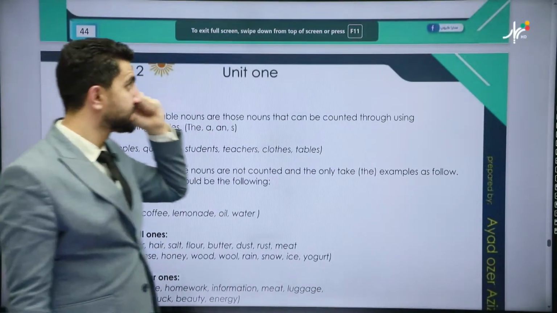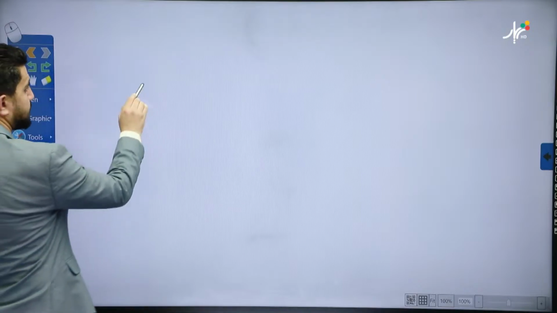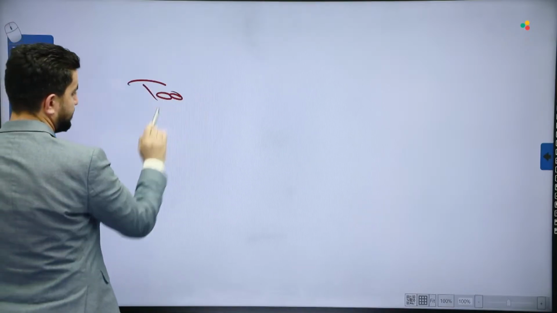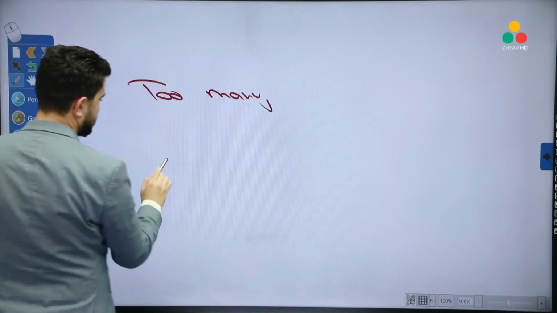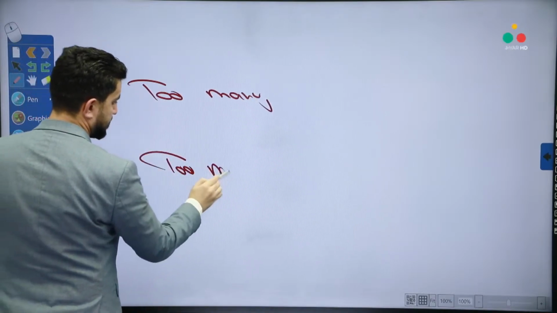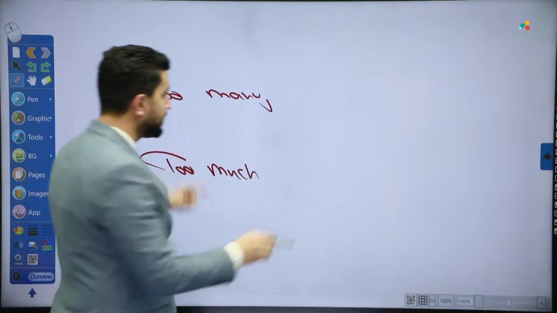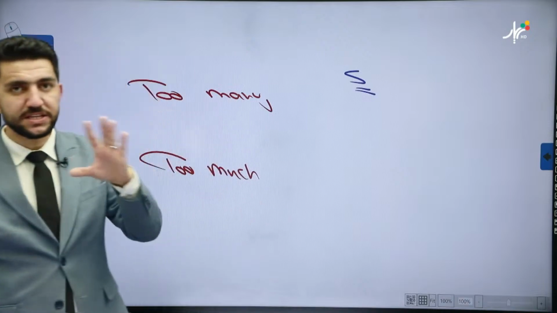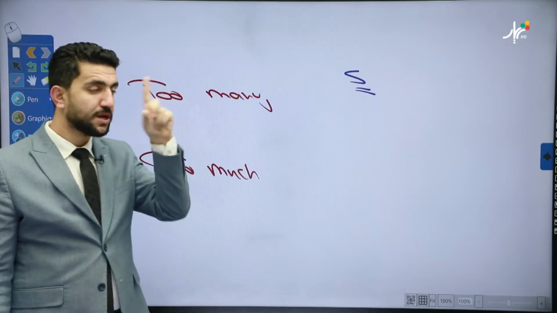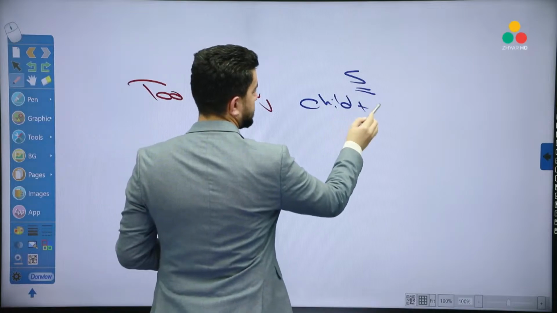But before the examples, let's talk about countable and non-countable nouns. We said too much and too many, right? Real quick, be with me. Too many, most of the cases we have S. We have different cases, like child becomes children.